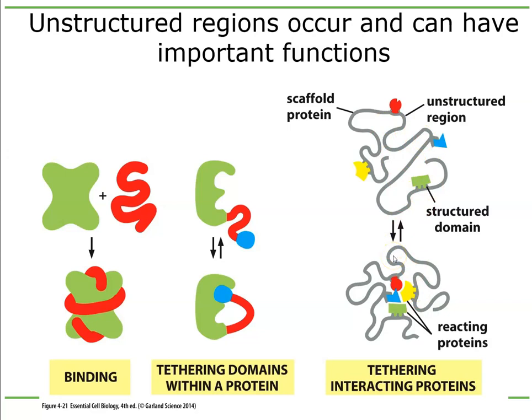So it gives it some flexibility and ability to bind to things and then react afterwards. So unstructured regions often still can have functions. We might just not know what those structures are supposed to be because we don't necessarily know what it's binding to yet. So sometimes it's important to find out what it's interacting with, what it's doing, in order to figure out what the structure might be.